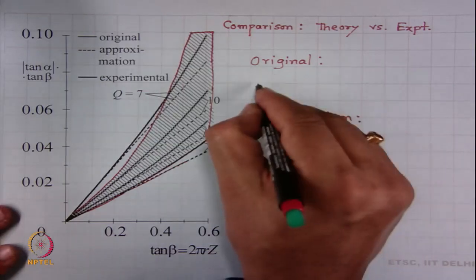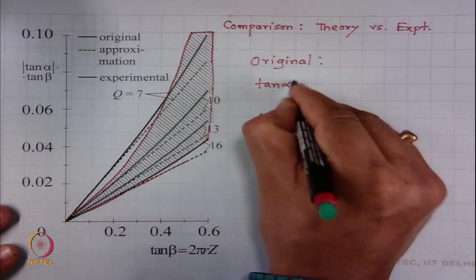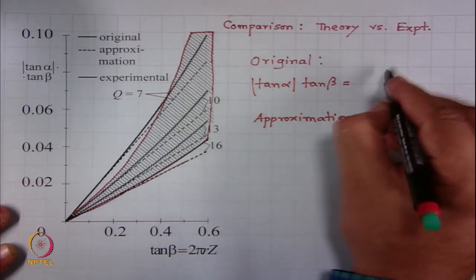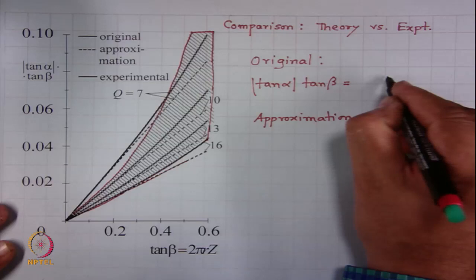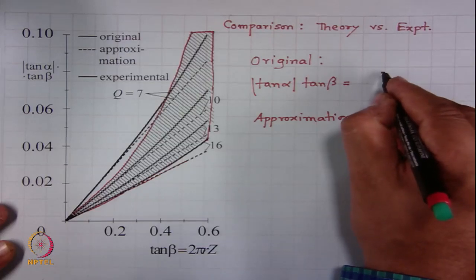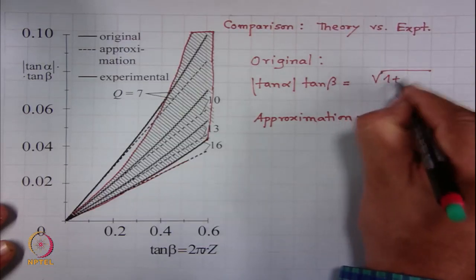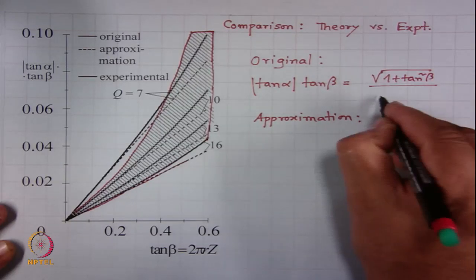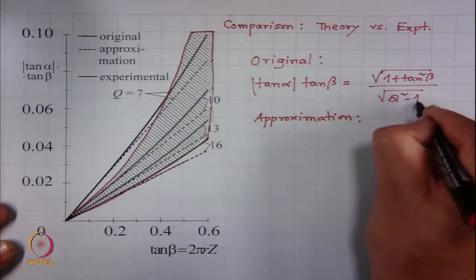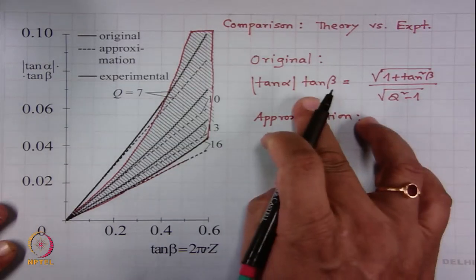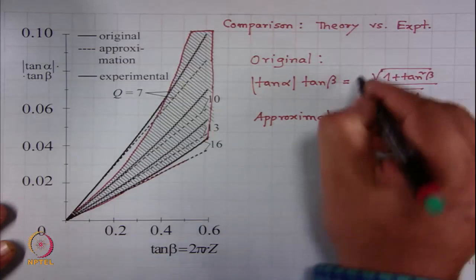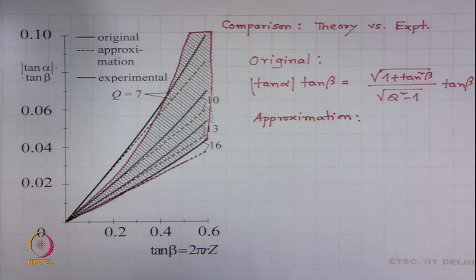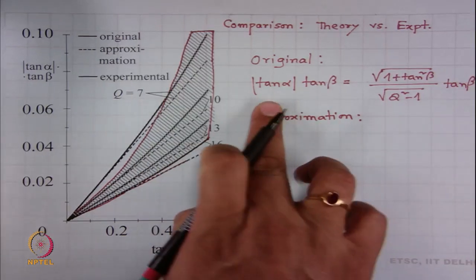The original we have derived: tangent alpha into tangent beta is equal to root over 1 plus tan square beta, root over q square minus 1, into tangent beta. So, this was the original fundamental equation.